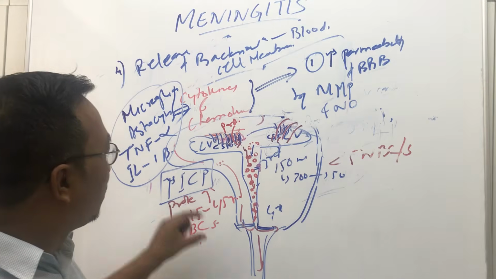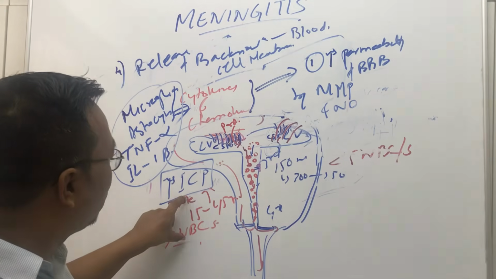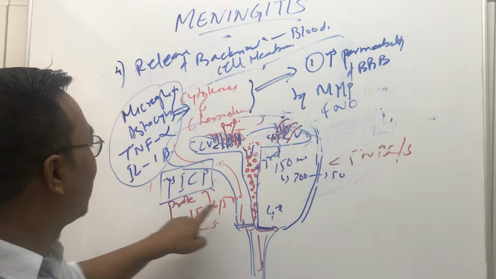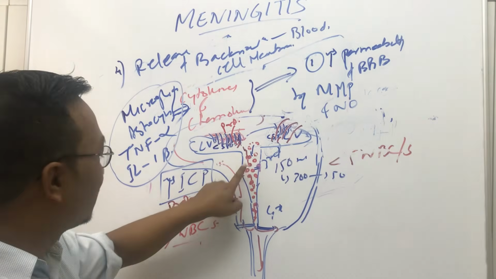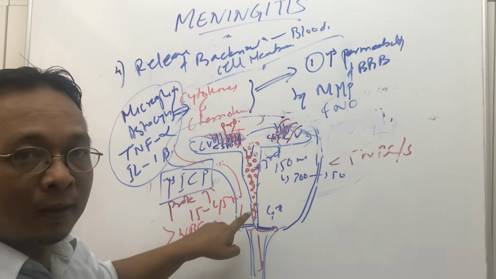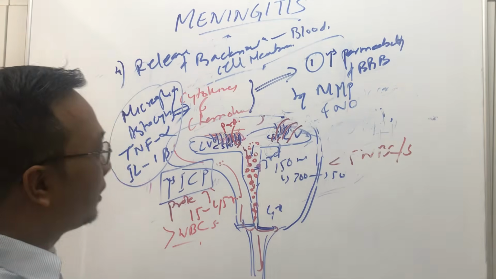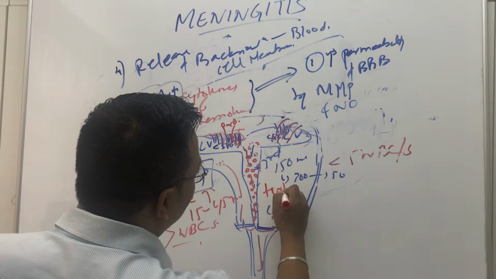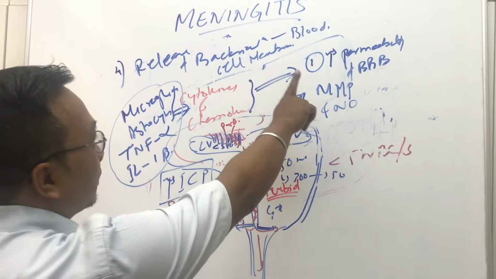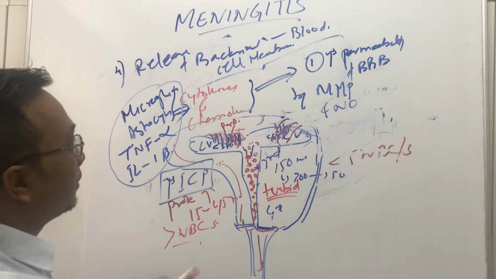No. Because of a huge crowd inside, bacteria are inside, bacterial exudates are inside, heavy protein is inside, WBCs are inside, because everything is now leaking here. So CSF will not be transparent anymore. CSF will become turbid.